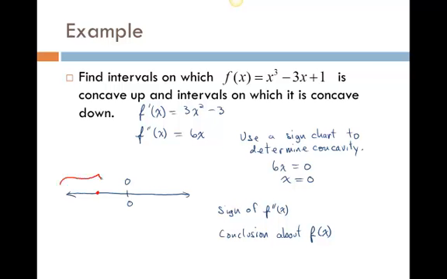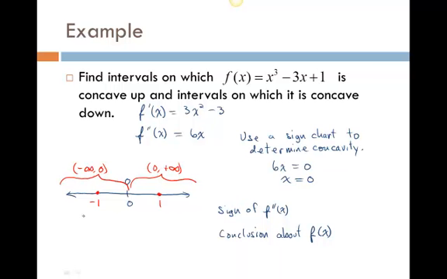We've got from negative infinity to 0. We're always using open intervals for concavity. And then from 0 to infinity is the other interval. So we need a test point in each one. Let's pick a nice easy point. How about -1 and +1?